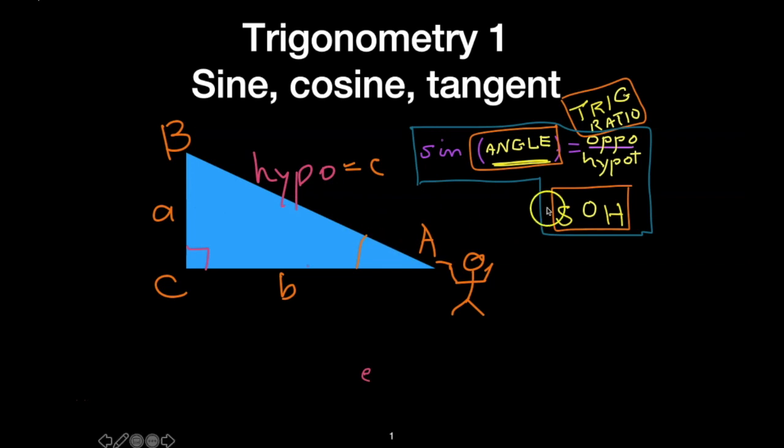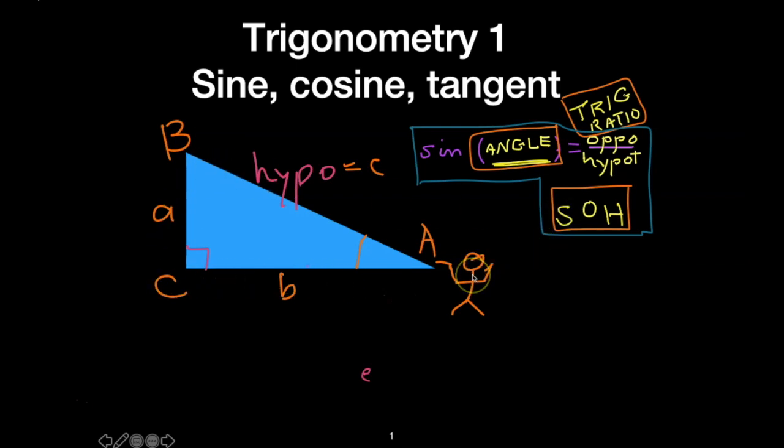So we put an abbreviation as a memory aid called SOH. This means sine equals opposite over hypotenuse. Now it's important to know that this opposite over hypotenuse is a fraction. It's a ratio. This is a trig ratio. Trig meaning it applies to right triangles. So you have sides of right triangles.